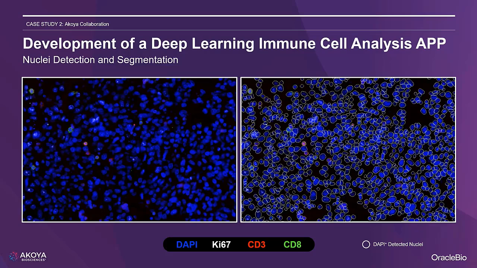Alternatively, we follow the same principle as the base app, but create algorithms from scratch to include additional channels in our training, such as Ki67 or CD3, to create a more accurate detection and segmentation of such cell lines. The base app here was identifying and segmenting cells well, so we used this as a starting point to allow us to form cell objects from the DAPI channel to be used for downstream phenotyping of the relevant immune cell markers.